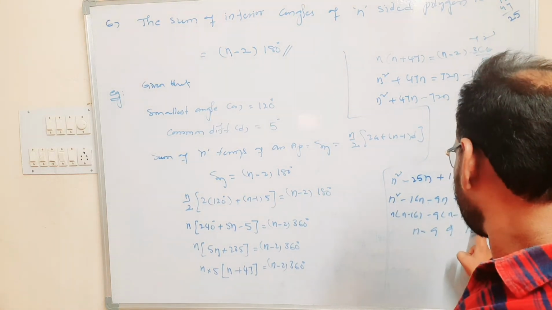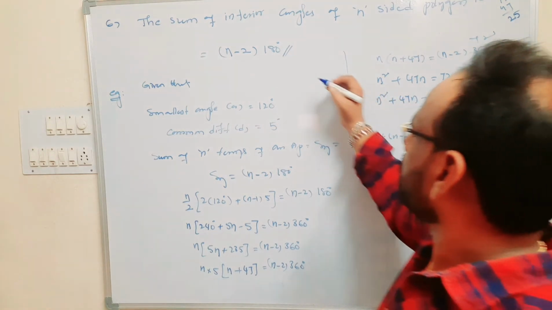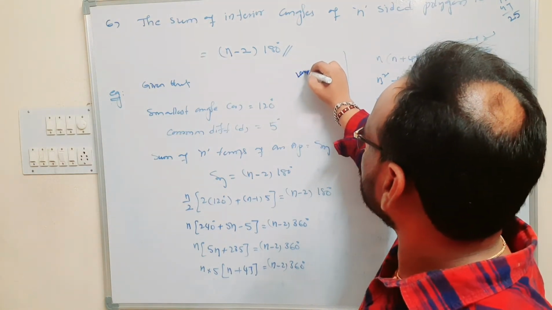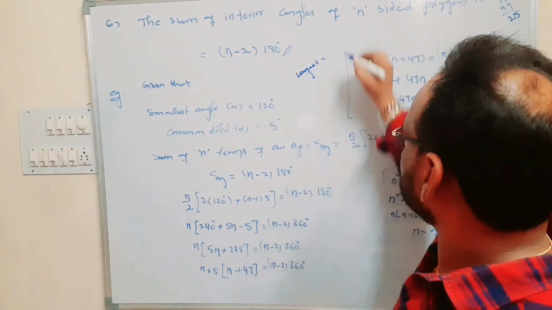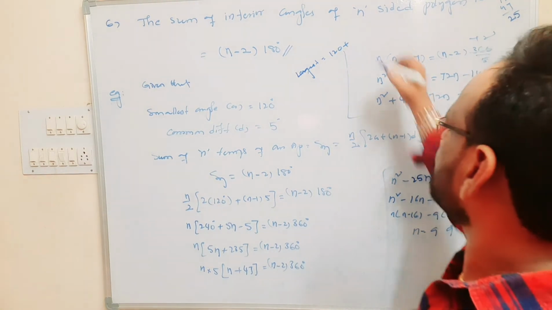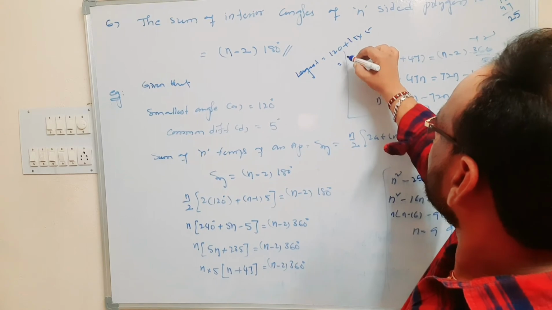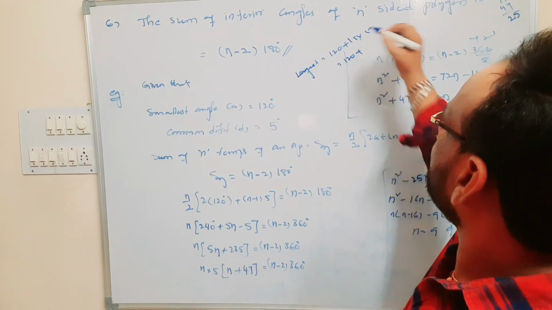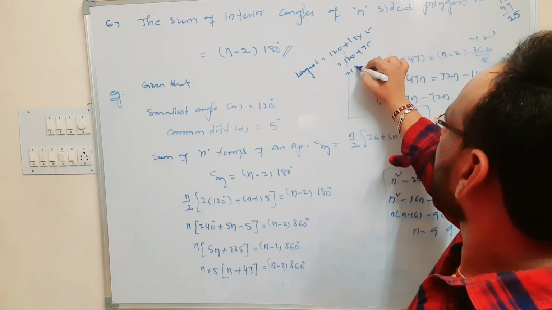If you take the n value 16, take the largest angle. The largest angle is equal to 120 plus n minus 1, that is 16 minus 1, that is 15, into 5. We get 120 plus 15 times 5, which is 75, that is equal to 195.